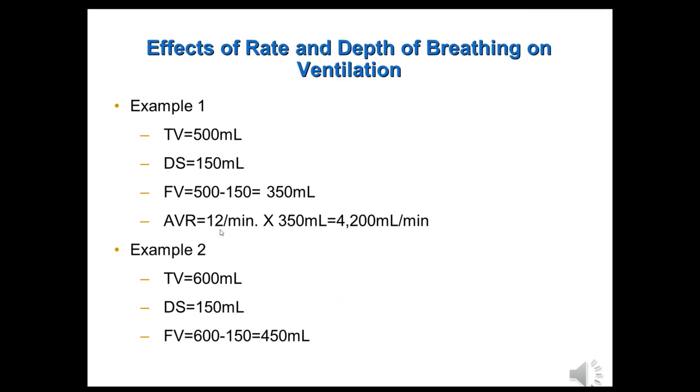So we multiply 12 breaths a minute times 350 milliliters, we get 4,200 milliliters per minute. And for this other person, if we use that same 12 breaths per minute multiplied by the functional volume, we get 5,400 milliliters per minute.